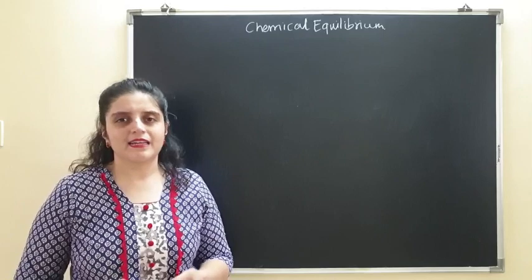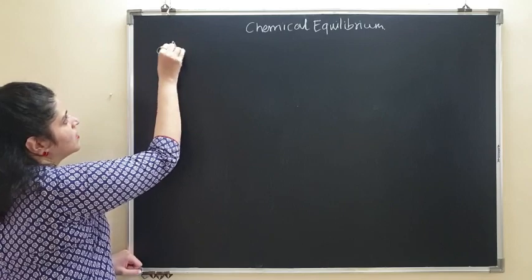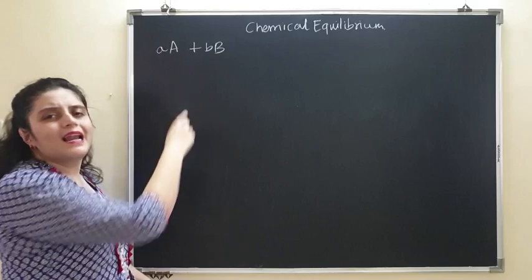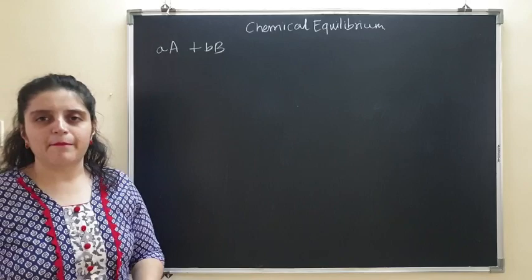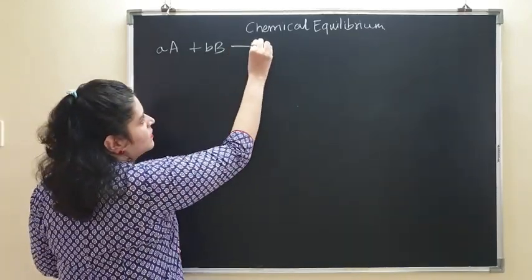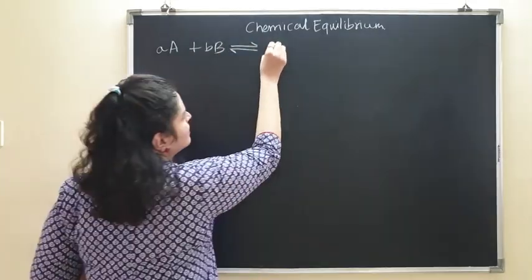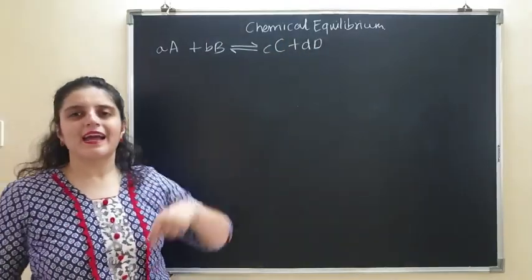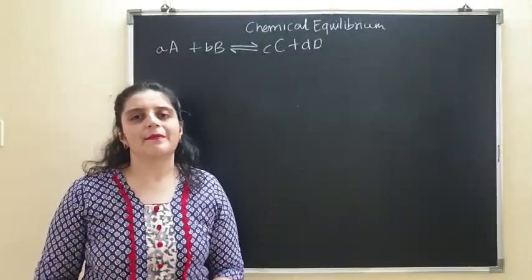Let us consider a reversible reaction aA plus bB, where small a and small b are the stoichiometric coefficients and capital A, capital B are some imaginary reactants, is reversible with cC plus dD. Again small c, small d are stoichiometric coefficients and capital C, capital D are some imaginary products.